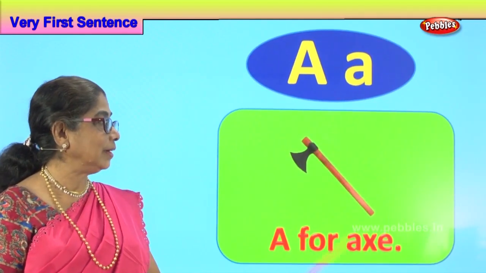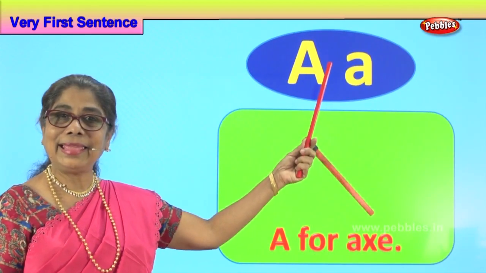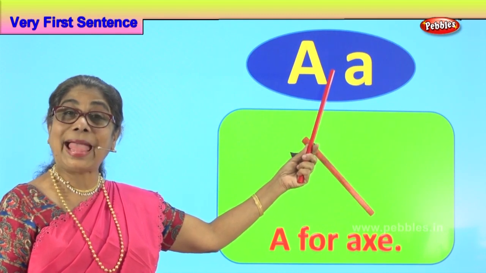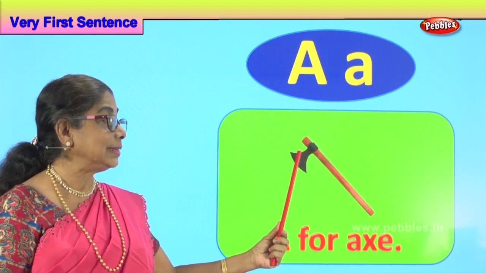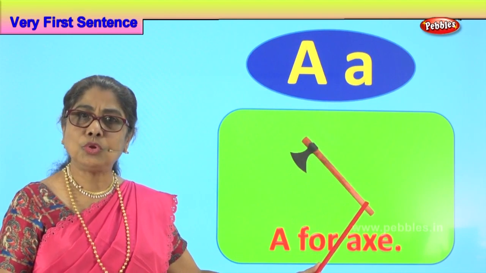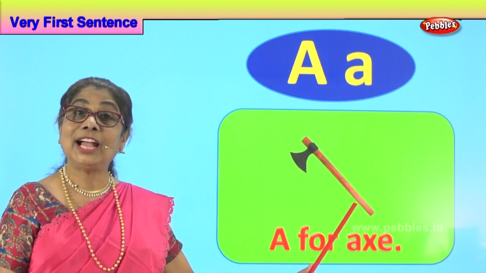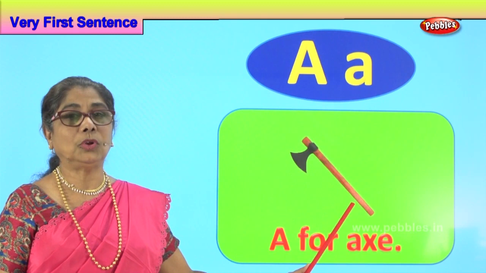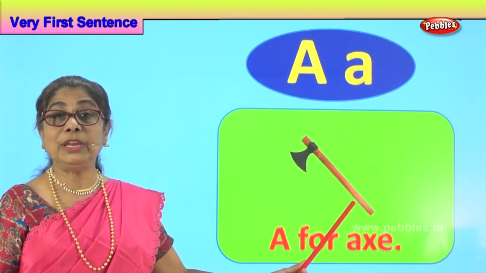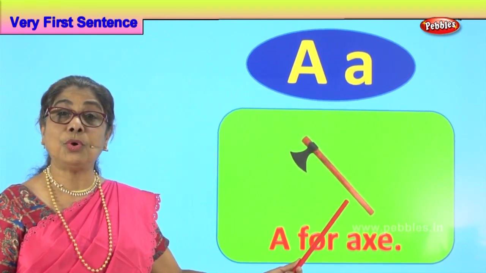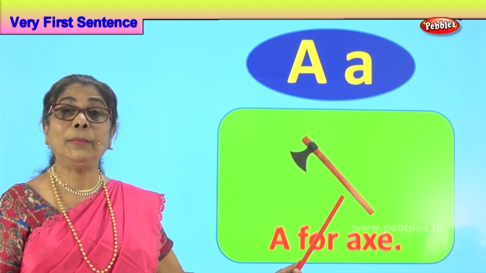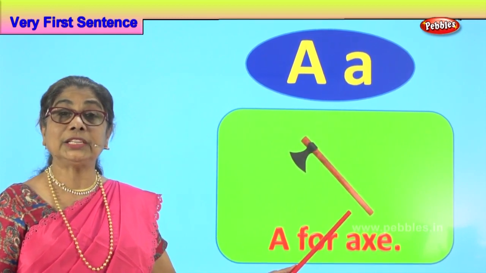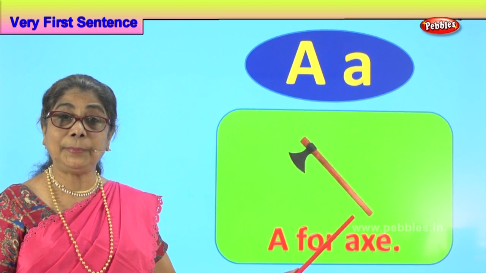Look what we have here. Sound A. And this is an axe. Who uses an axe? A woodcutter. Or maybe daddy uses it when he wants to cut down a small tree in your house. Or maybe you want to cut a small piece of wood to shape it up.